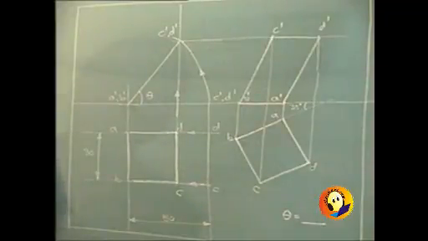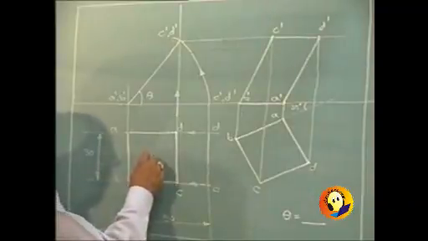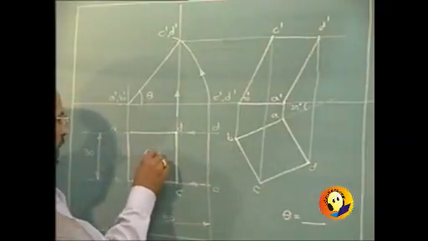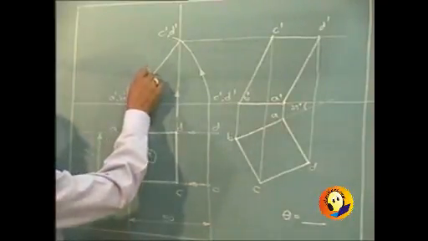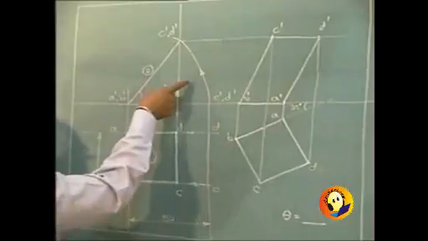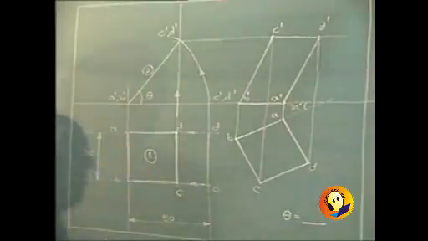It's the reverse procedure. So first we obtain the plan. Step number 1 is to get the final shape of plan, which is square, and then we complete the rotation too. In all other cases it is rotation first and then the plan.